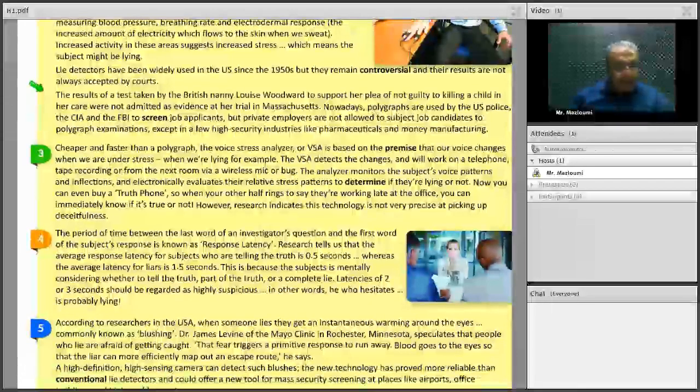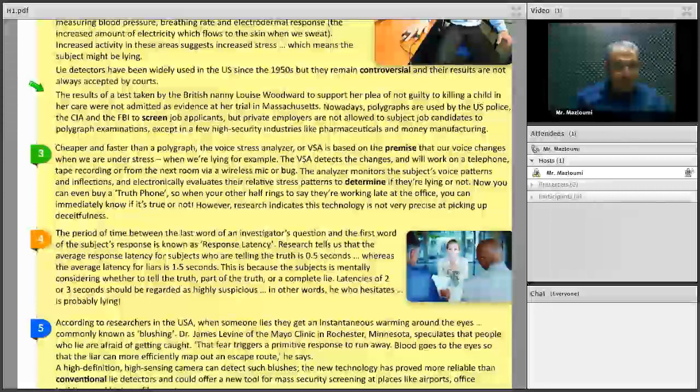The results of a test taken by the British nanny Louise Woodward to support her plea of not guilty to killing a child in her care were not admitted as evidence at her trial in Massachusetts. So, there was this woman, Louise Woodward.